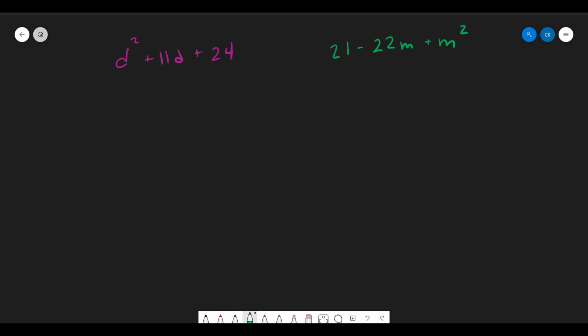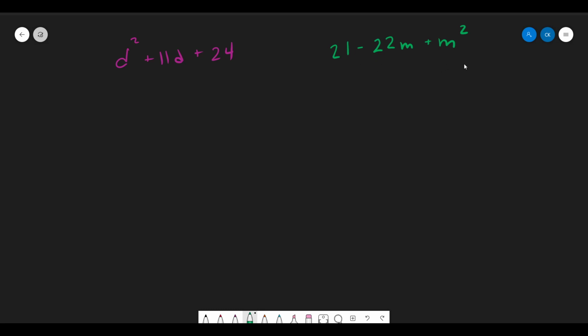Alright, so I put two trinomials here up on the screen. So again, pause it, take about 5 minutes, see if you can factor these two trinomials. Now the first one's pretty straightforward, but the second one, just pay attention.